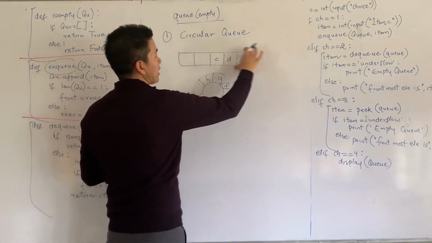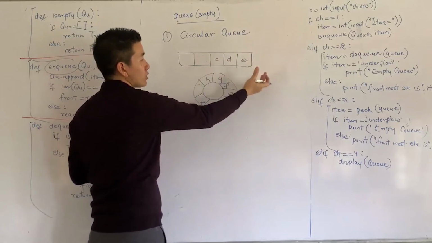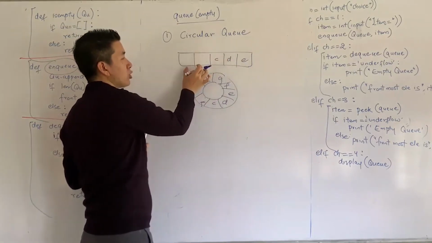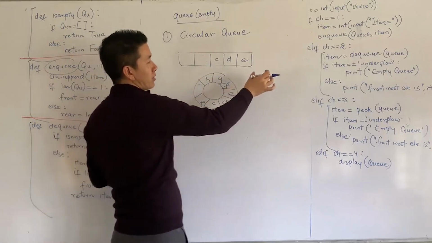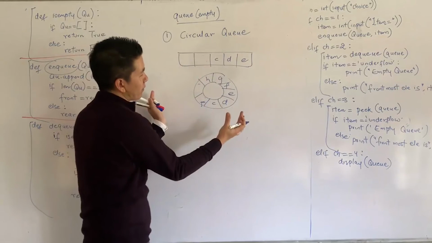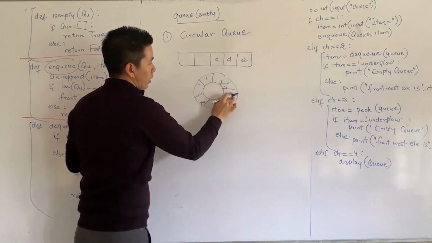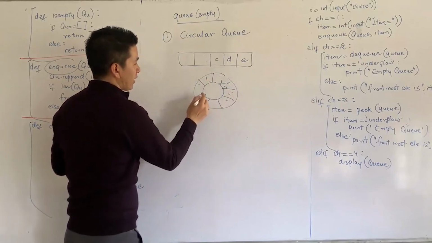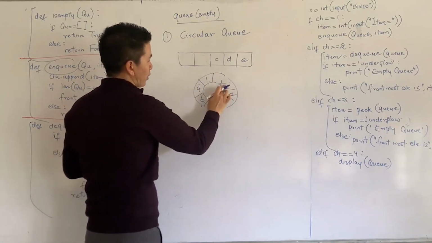So the problem with the linear list is, with DQs, I cannot add elements in the unutilized spaces. The reason is the insertion can take place only at the end. But somehow if I can make the linear queue into a circular queue, what happens here is, let's say, initially it's something like this: A, B, C, D, and E. Alright?